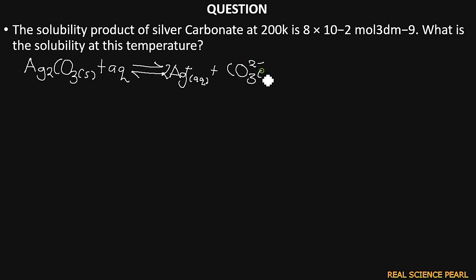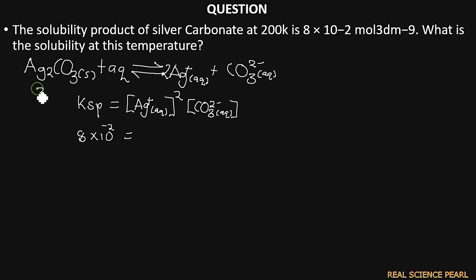Now if you write Ksp, it will equal the product of silver ions squared times that of the carbonate.